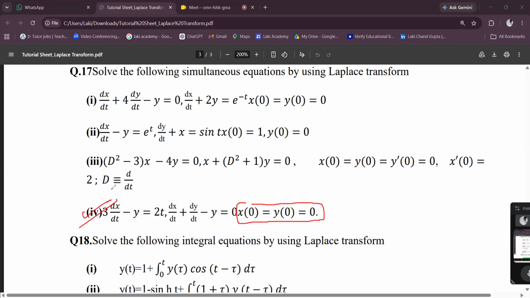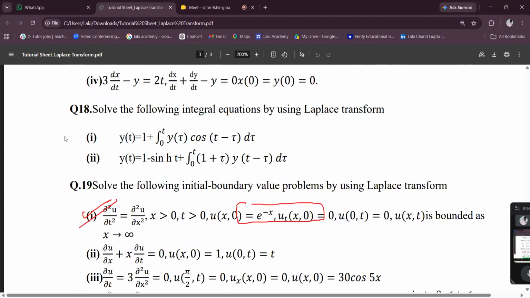Do fourth one, then I will tell you 18th, 19.